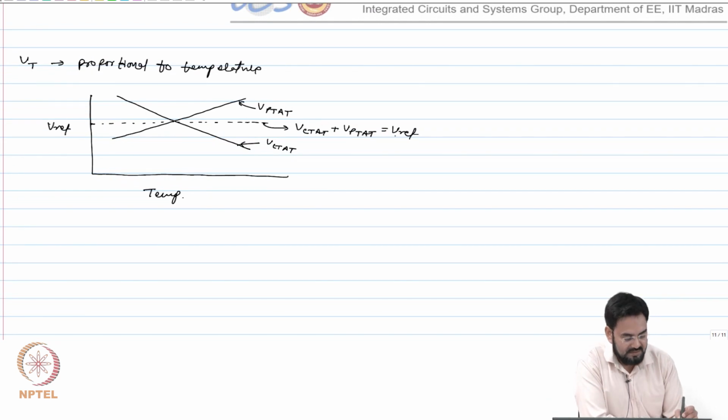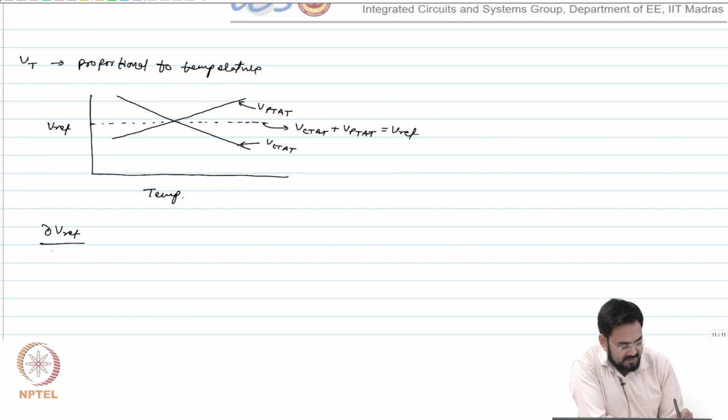What I am looking for is delta of Vref over delta of T should be 0.